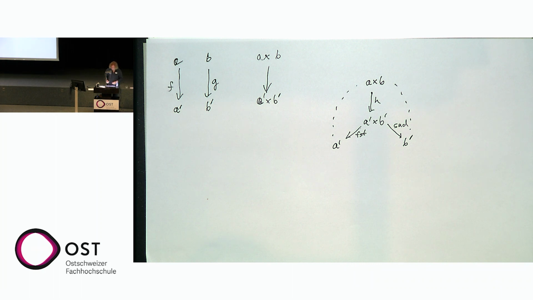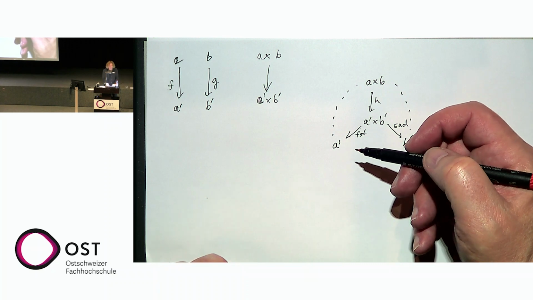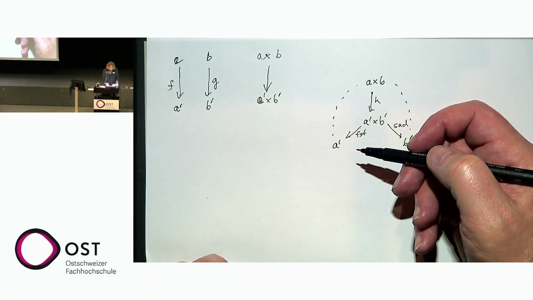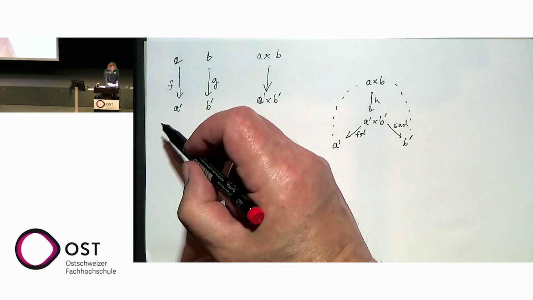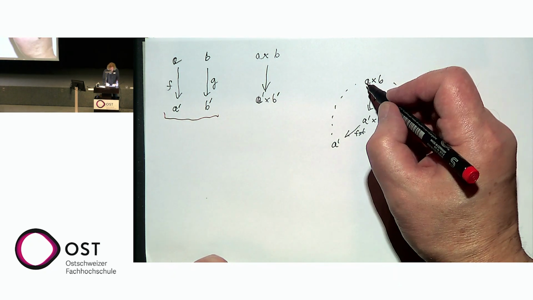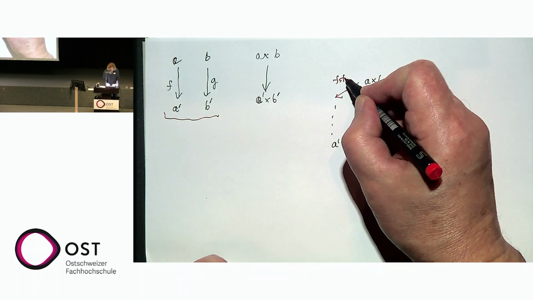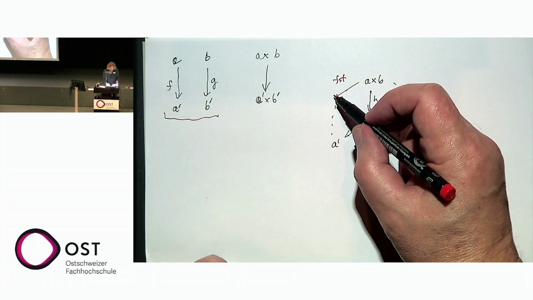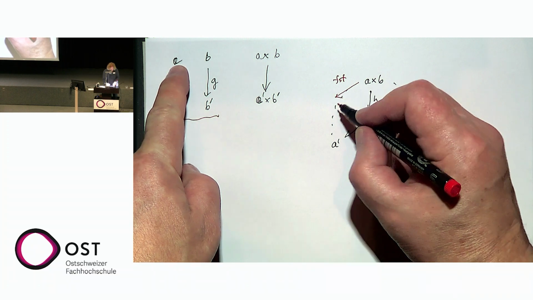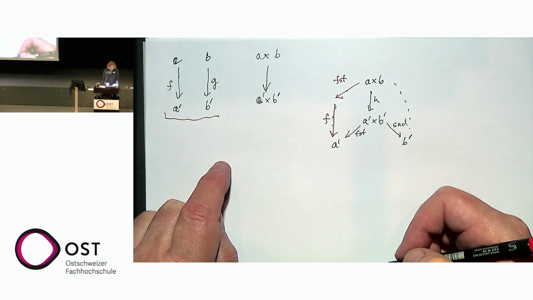So how do I define a function from A cross B to A prime? I have at my disposal these two functions, okay? So I can say, well, let me first apply first. That will extract A from it. And once I have A, I can apply F to get A prime.